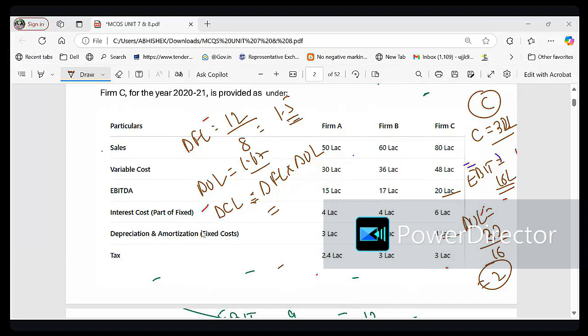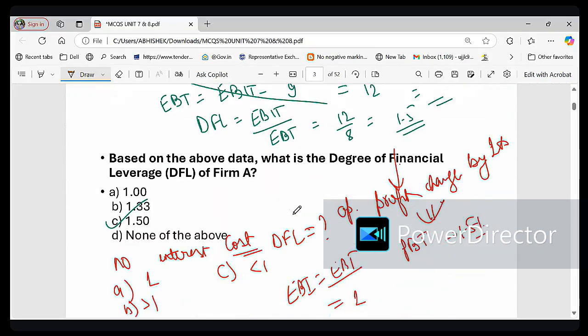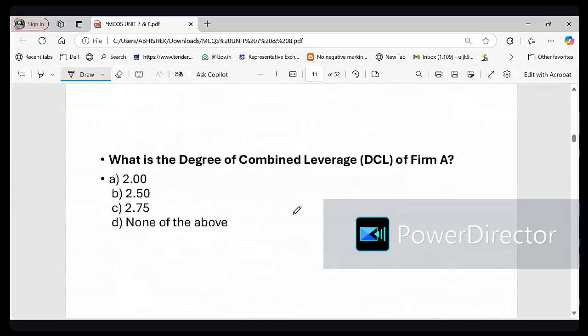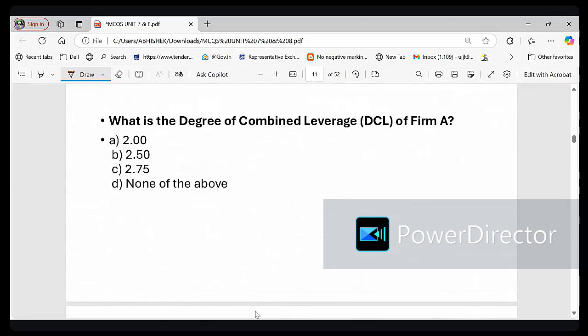So 1.67 multiplied by 1.5. How much are you getting? Let me show you the options: 2.00, 2.50, 2.75, none of the above. 2.505, very good. So option B is the correct answer.